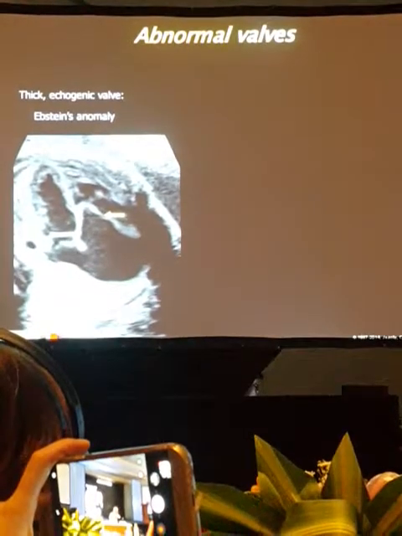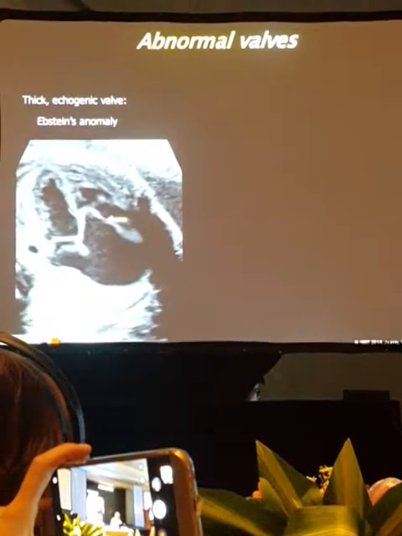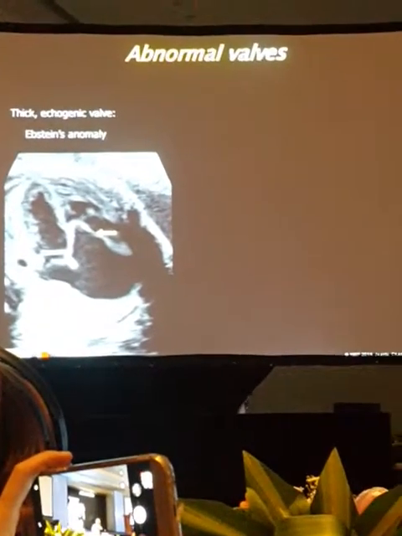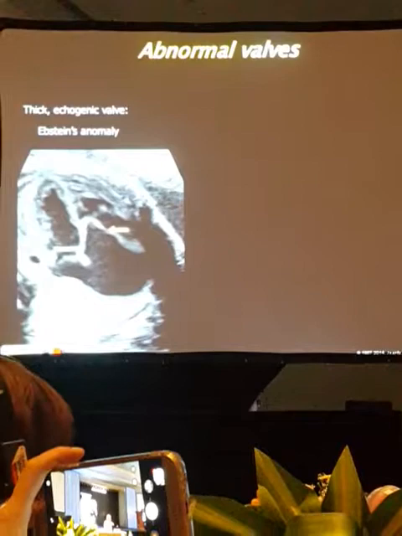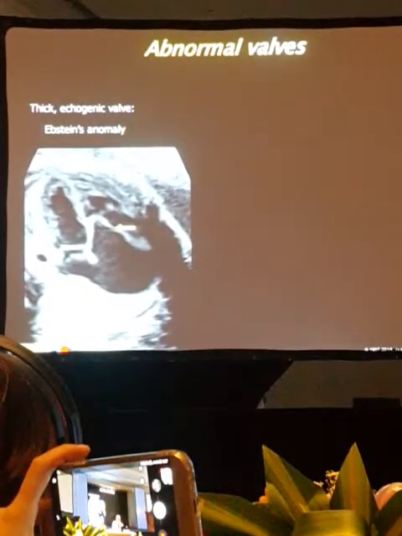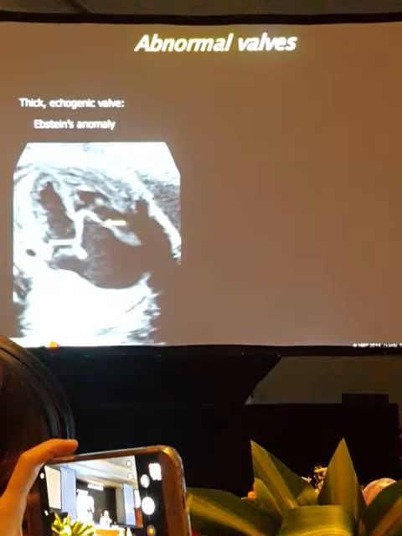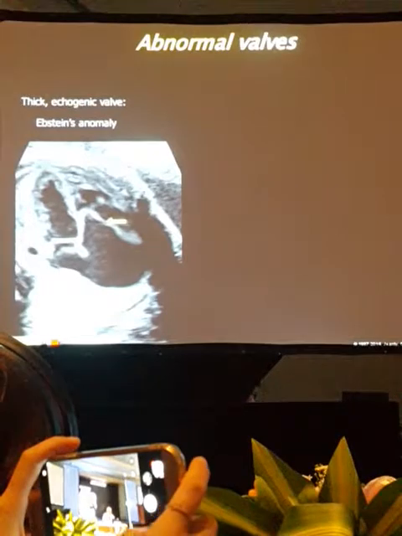Now this is something very important because in the fetus, we have something different from the pediatric and the adult circulation. If my mitral valve gets obstructed, my whole heart is going to enlarge. In the pediatric and the adult circulation, obstruction results in dilatation. That's not true in the fetus.